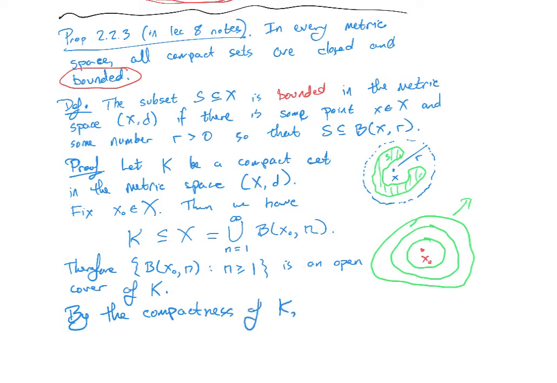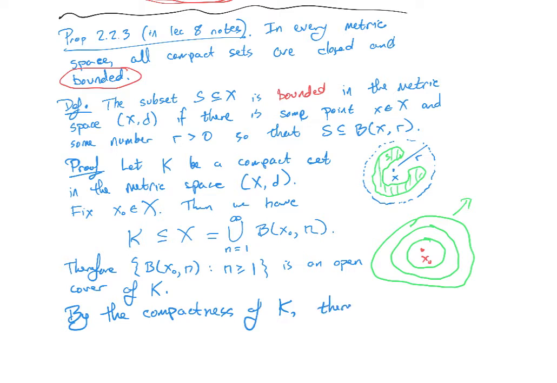By the compactness of K, we have a finite subcover, but now let's go one step further. What's a finite subcover here? Yeah. There's a finite number of balls that together cover K, but the balls are concentric. So one of those is the largest.